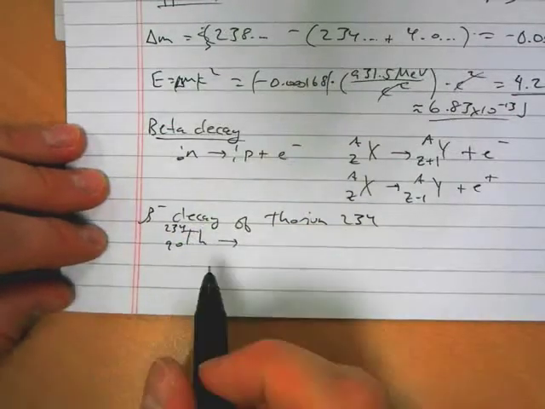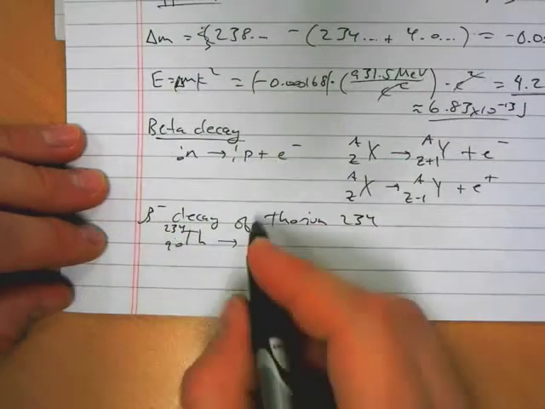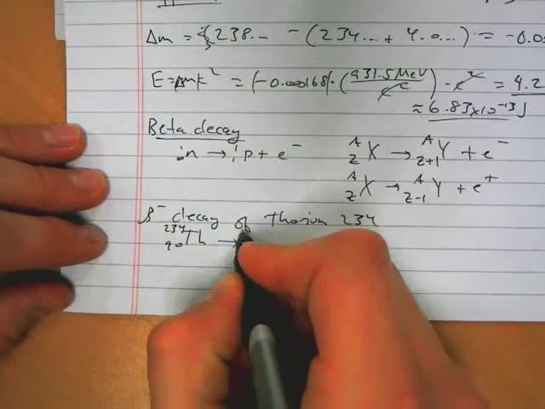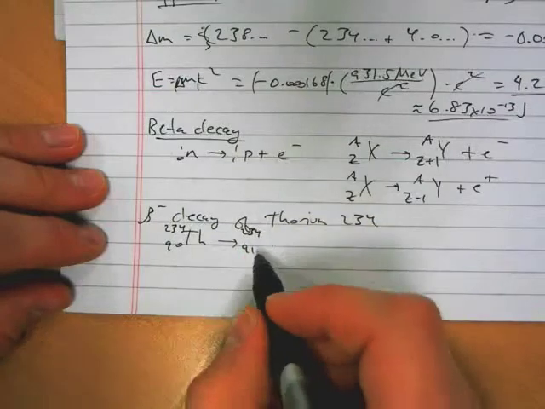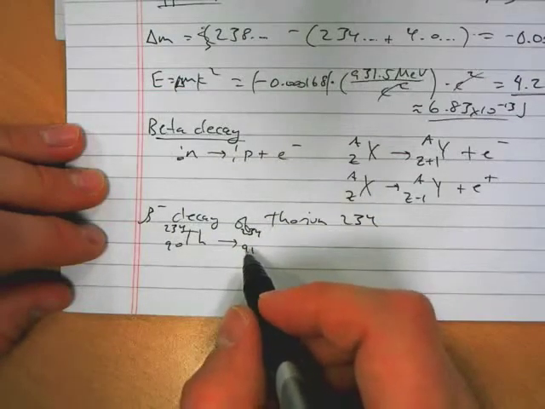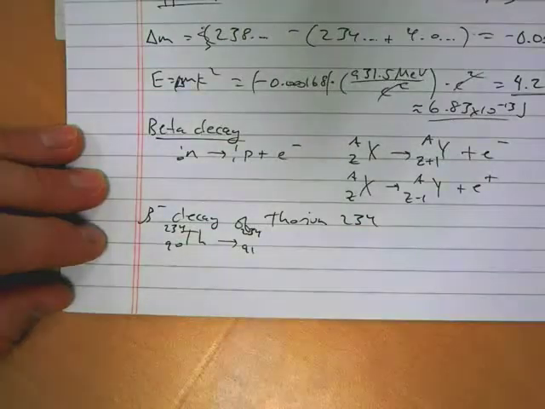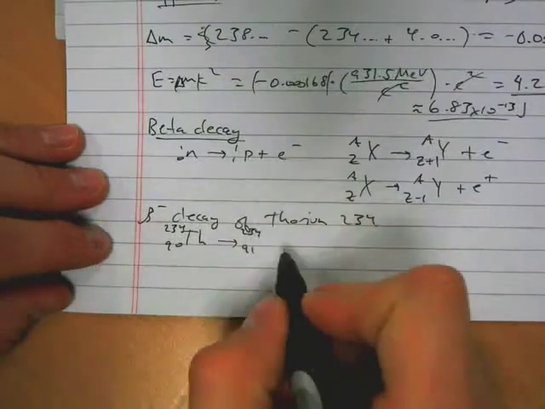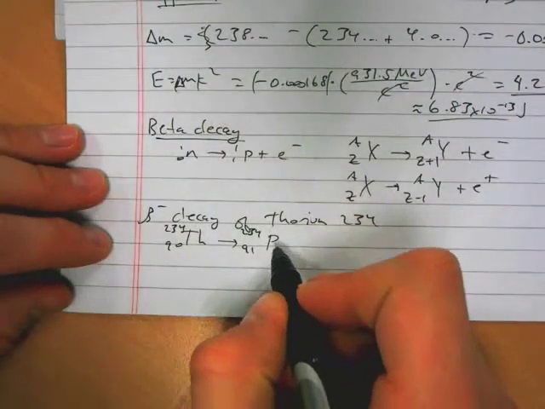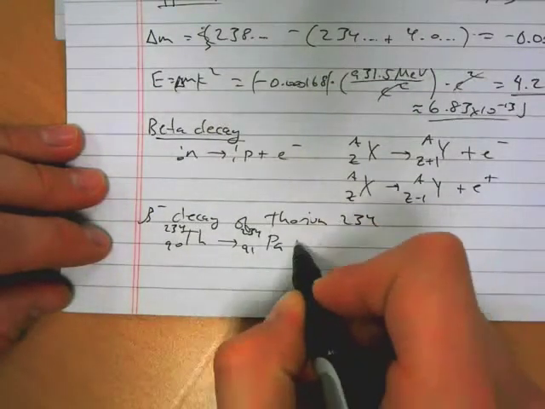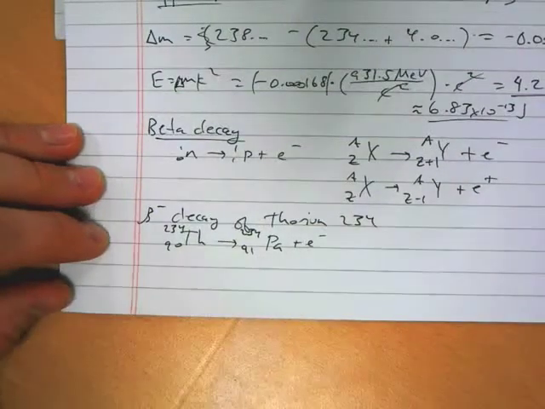Well, then we know that our atomic number increases by 1, our mass number stays the same, and number 91 is what's called protactinium, which is an unusual element. So we have a protactinium and an electron.